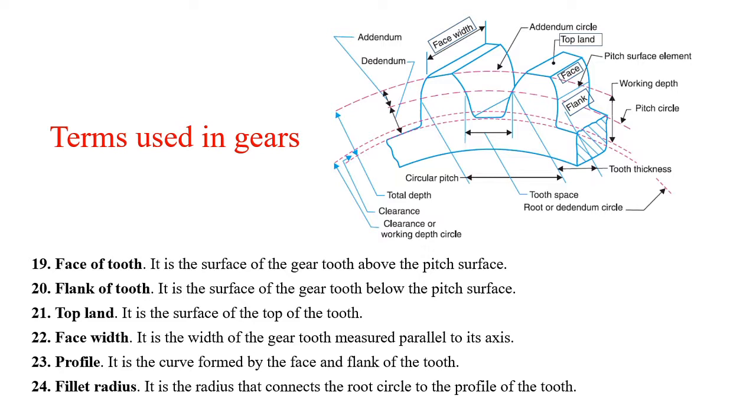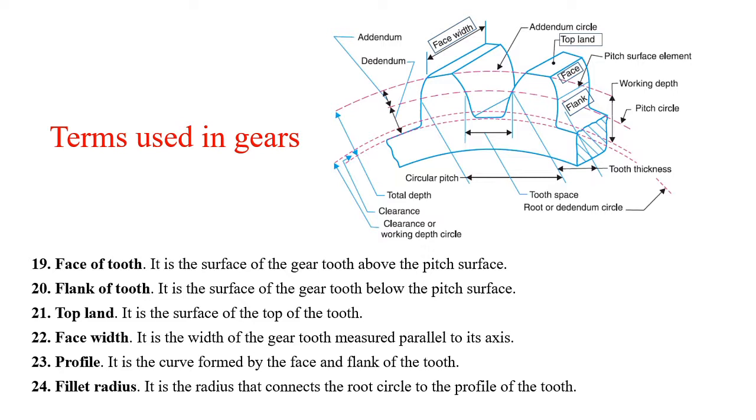Next, profile. It is the curve formed by the face and flank of the tooth. Now there are generally two types of gear tooth profiles available: cycloidal and involute. Each has its own advantages and disadvantages that we will see in further lectures.